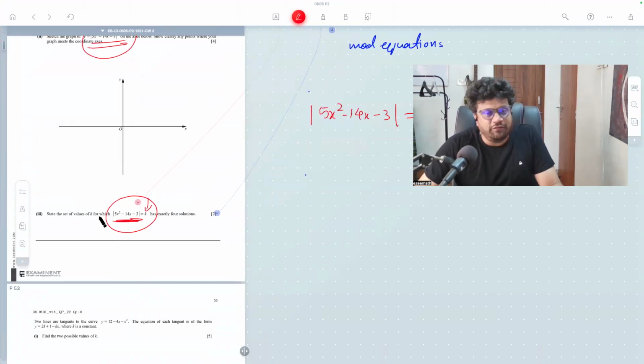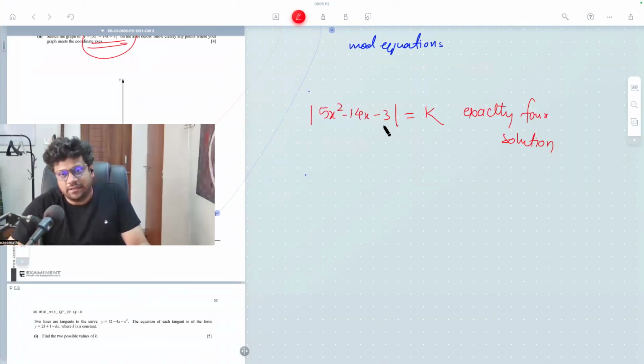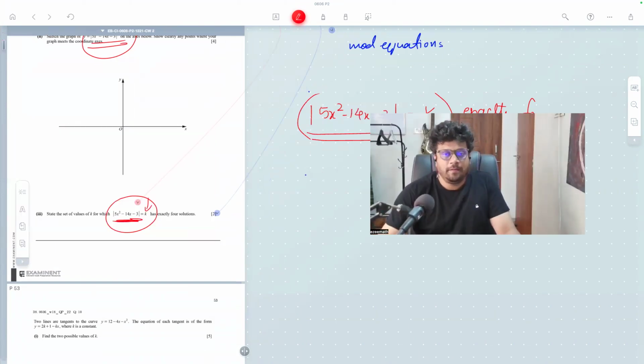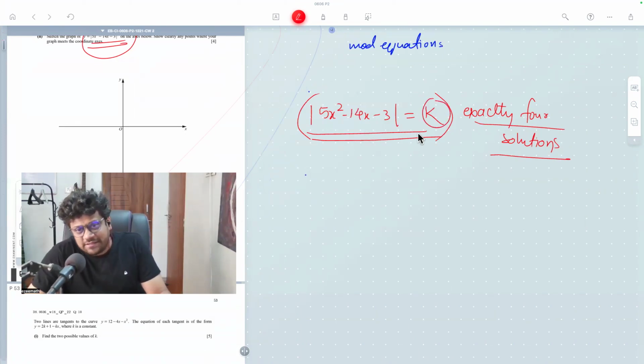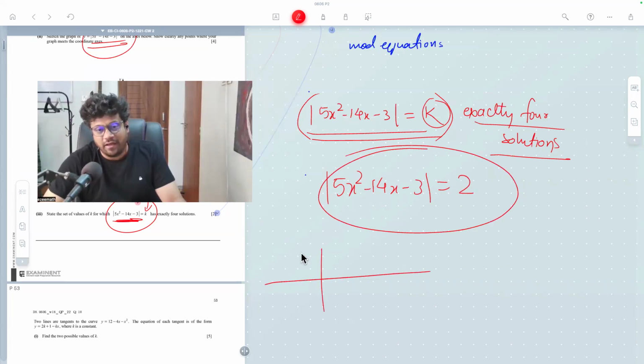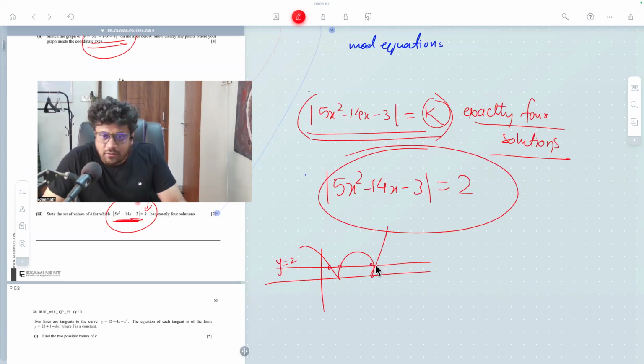You want the set of values of k for which this equal to k has exactly 4 solutions. Before we get into this, I want to see how many solutions we have for this equal to 2. What do I do in that case? Well, I have the curve. I'll draw a line which is y equal to 2, and I'll simply read the coordinates of these points.